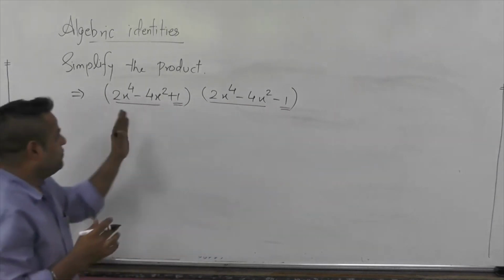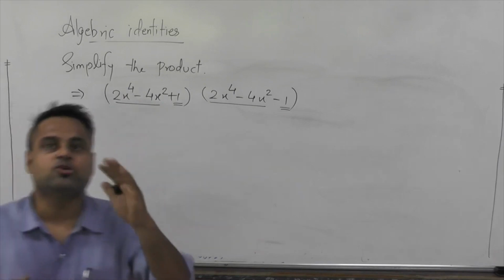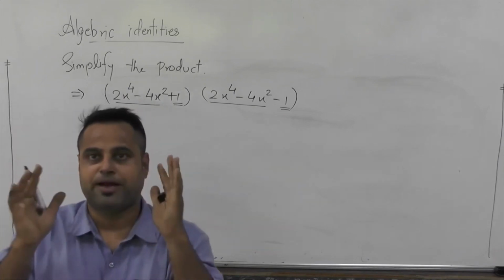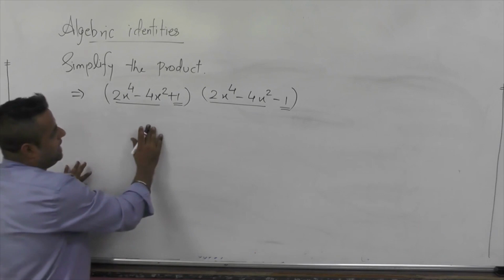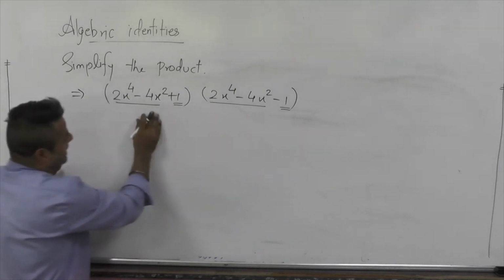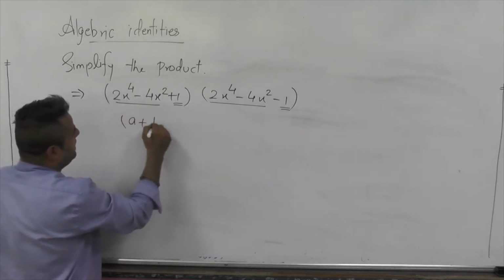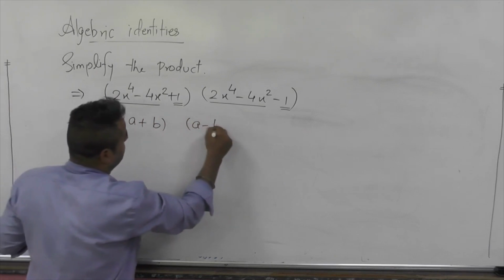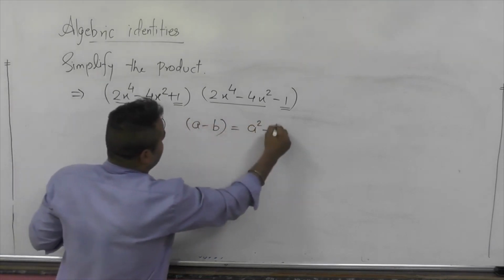Okay, so we can assume these first two terms as one combined term A and the other term as B. So that we can easily apply the A plus B, A minus B identity here, which is A square minus B square.